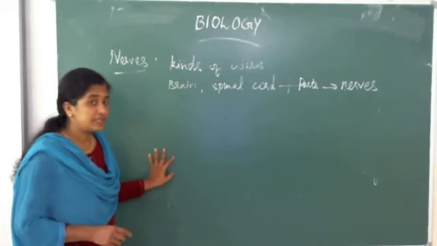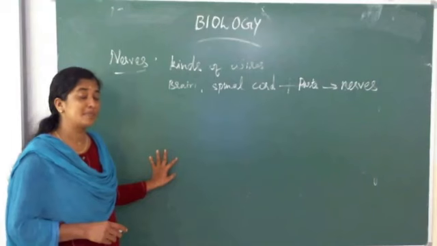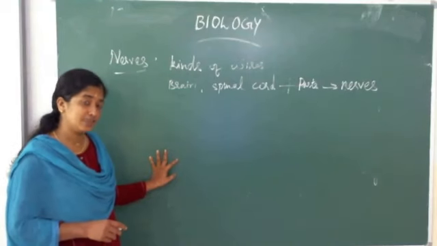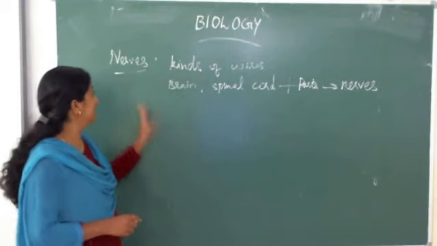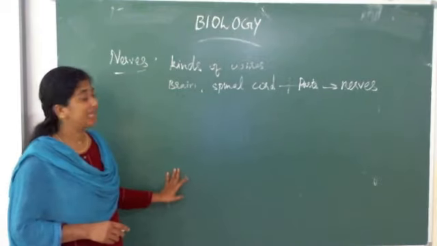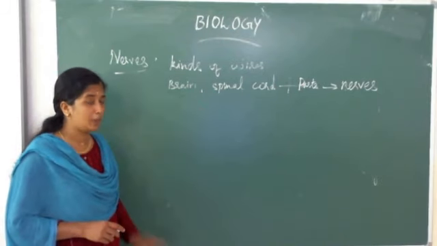In addition to the eye, skin, nose, brain, spinal cord, and neuron or nerve cell, one other important component of the nervous system is the nerve. Nerves are kinds of wires and they spread throughout the body.